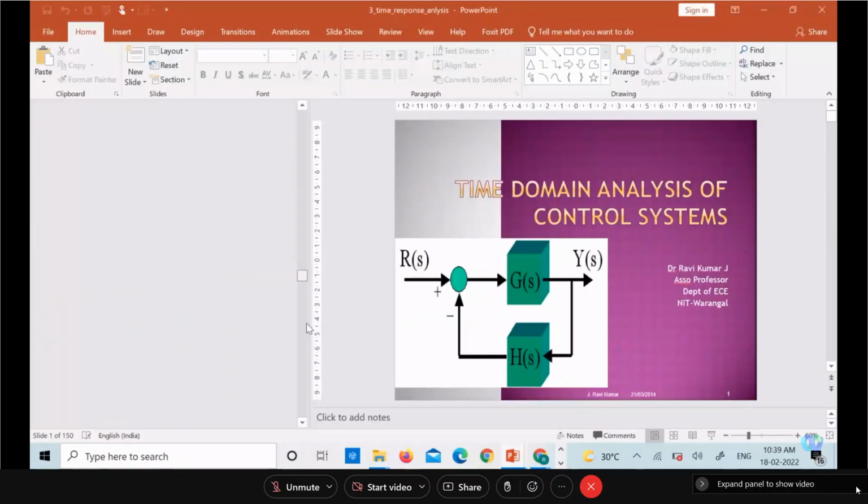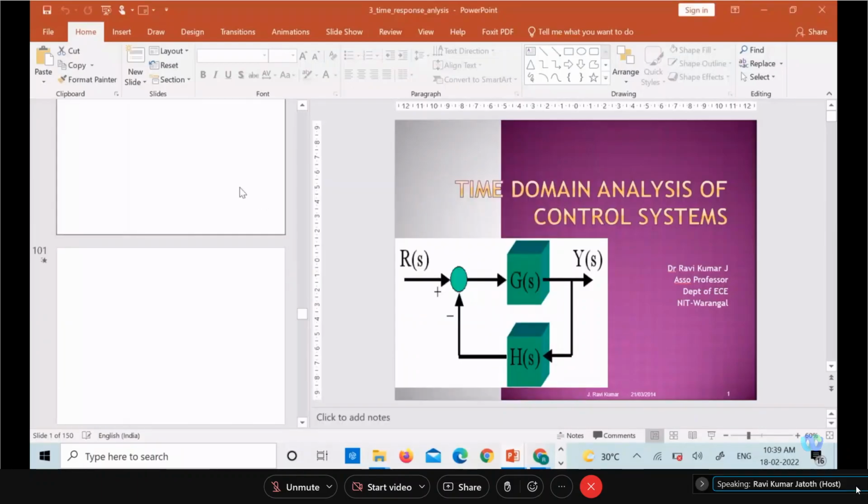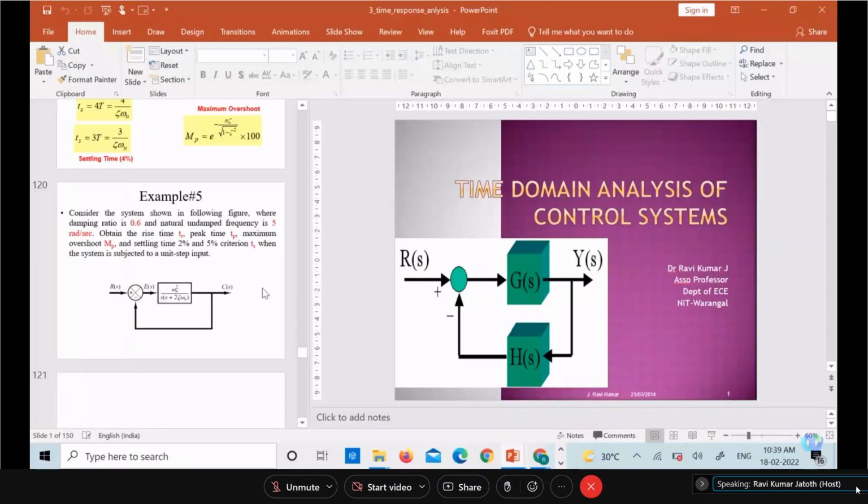When you try to see the time response analysis of systems, this is what we have seen. Here you have the different examples.